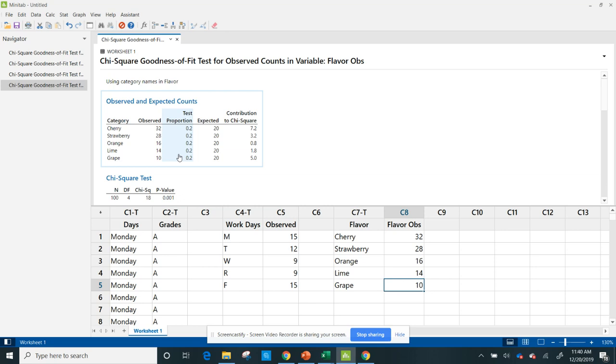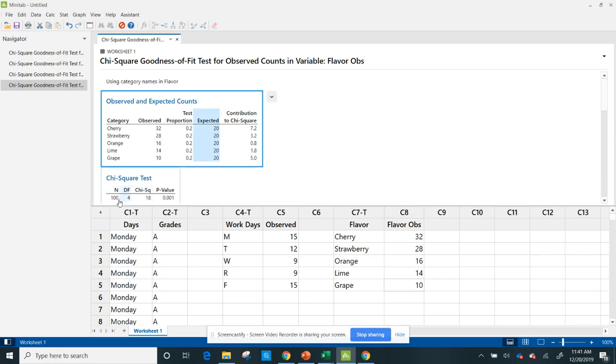If I only had 4 categories, then it would have been 100 divided by 4 gives me 0.25. So again, remember that to get the proportions, it's 100%, which accounts for all the data, divided by categories. The expected is a little bit different.